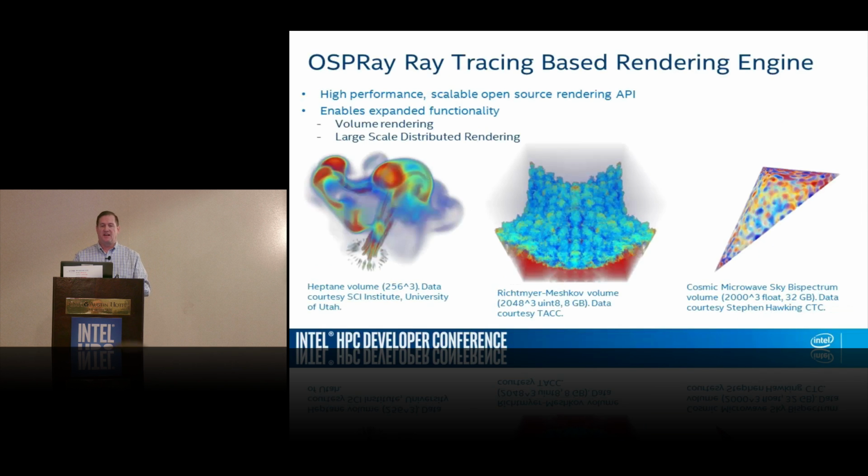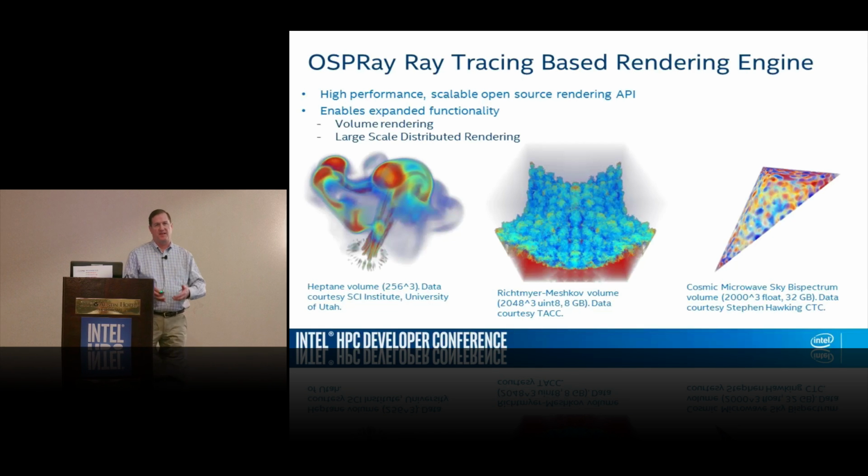Osprey is our ray tracing engine. It's kind of a middleware rendering environment, and it adds a couple of things that Embry doesn't bring along with it. Embry is basically, again, a core library. Osprey brings the capability to distribute it at any scale, up to very large scale rendering, as well as a very strong volume rendering capability that many of the demos running right now are using.